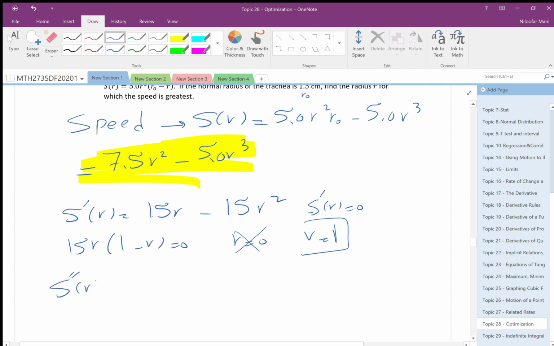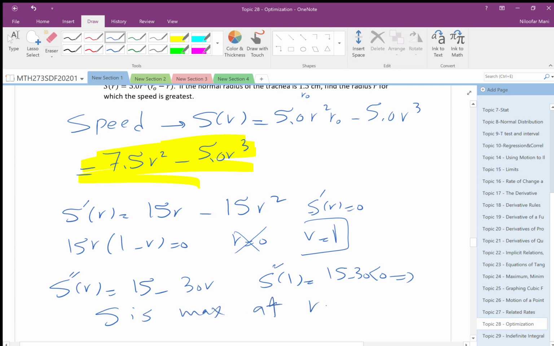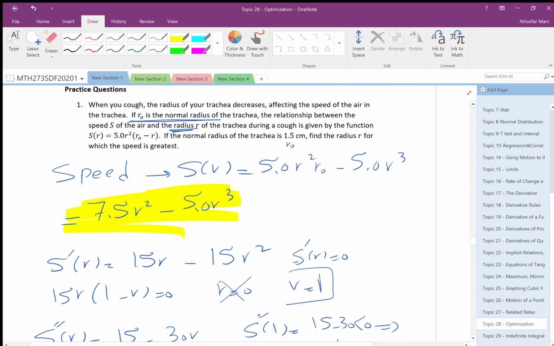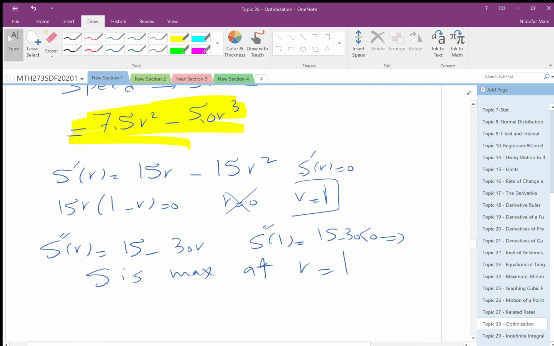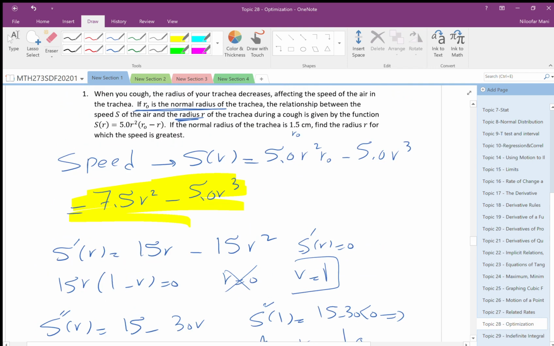Second derivative is 15 minus 30r. The second derivative at 1 is 15 minus 30, which is negative. So for sure, S is maximum at r equal 1. Of course, it's 1 centimeter.